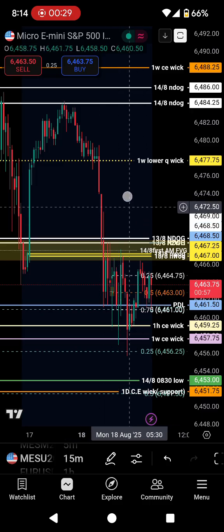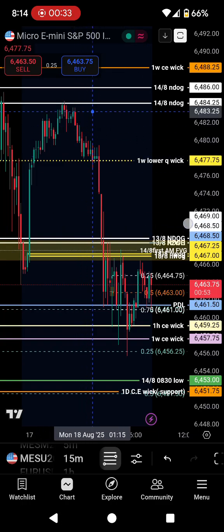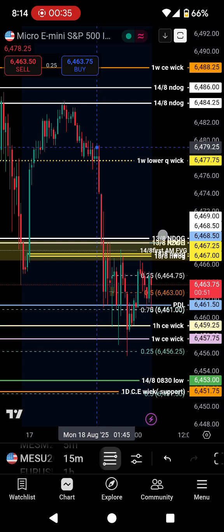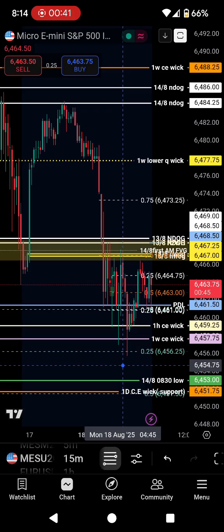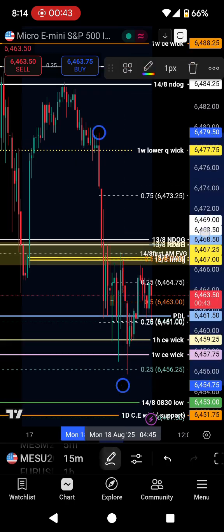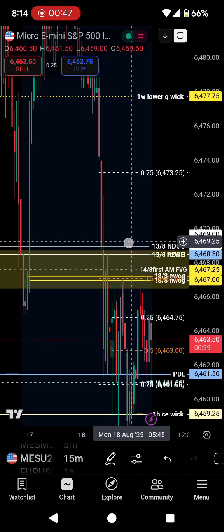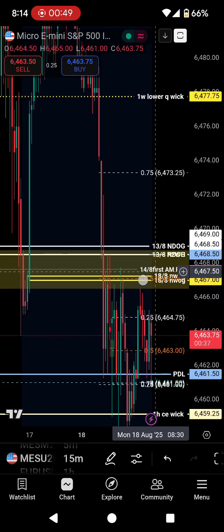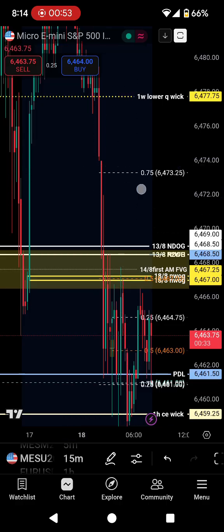This is the first CB, so look at this CB here. So this one I'm saying from here down to this swing low. Okay, so the 0.5 level is here.